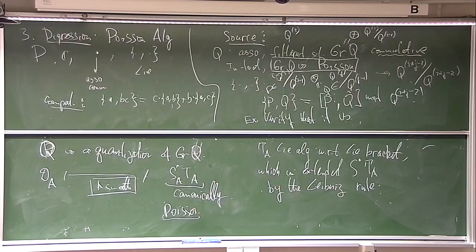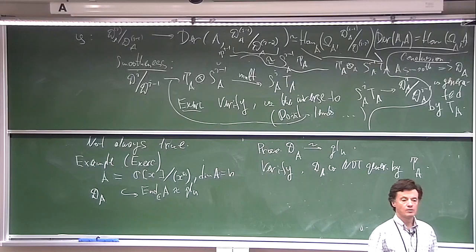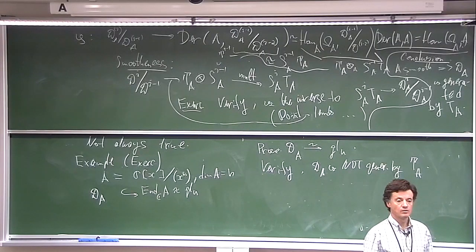So, here in your example, we have this obvious nilpotent element, which causes some effects. Yes. If we start with an algebra which is integral, in the sense of being reduced and irreducible, is it then true that dA is always generated by TA, or is it still wrong?